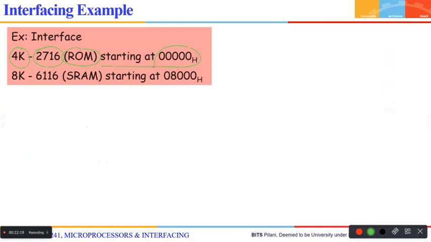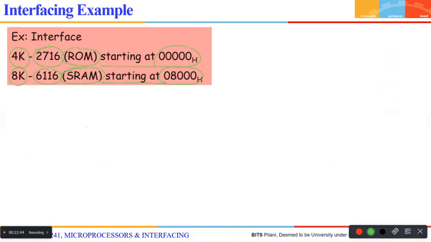Similarly, for the same microprocessor, you have to interface 8K memory. The chip number is 6116, which is an SRAM, starting at an address 0800. This is the specification given.